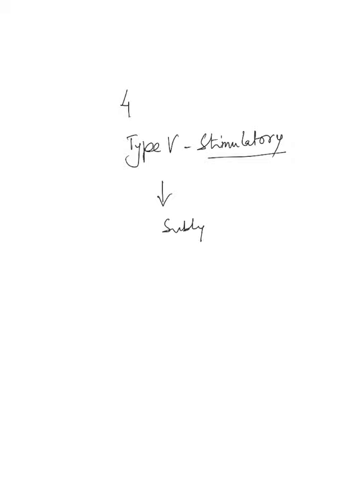As I told you in the beginning, there are 4 types of hypersensitivity, but in some texts you would find another type, type 5 hypersensitivity, which is also called stimulatory hypersensitivity. It is not exactly stimulatory, and in some books they refer to it as a subtype of type 2 hypersensitivity.